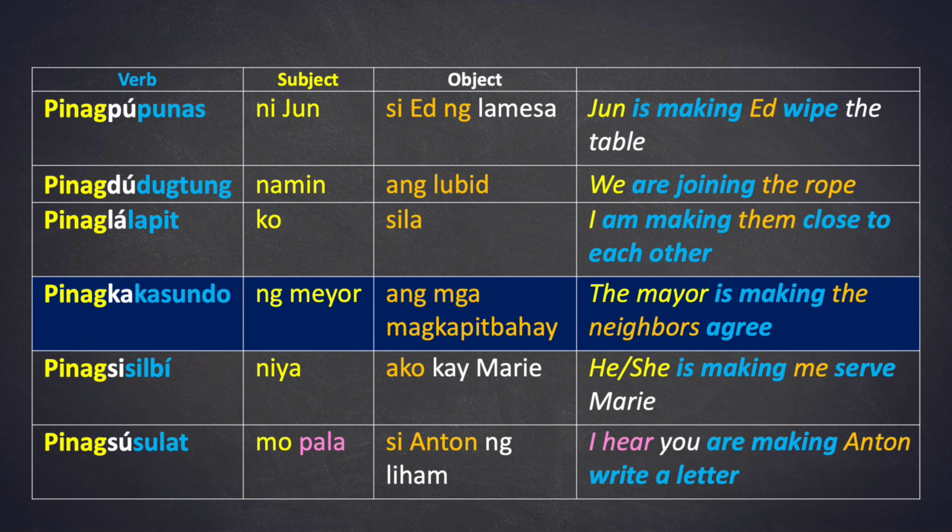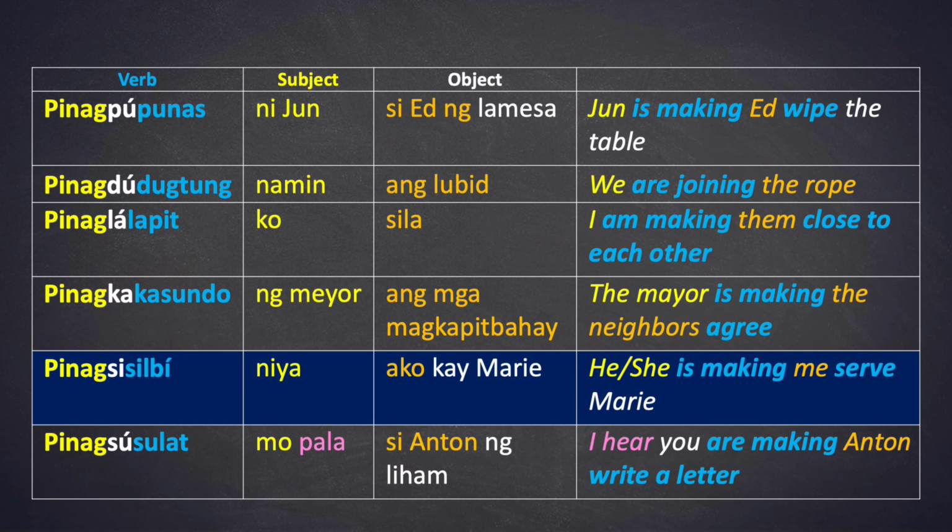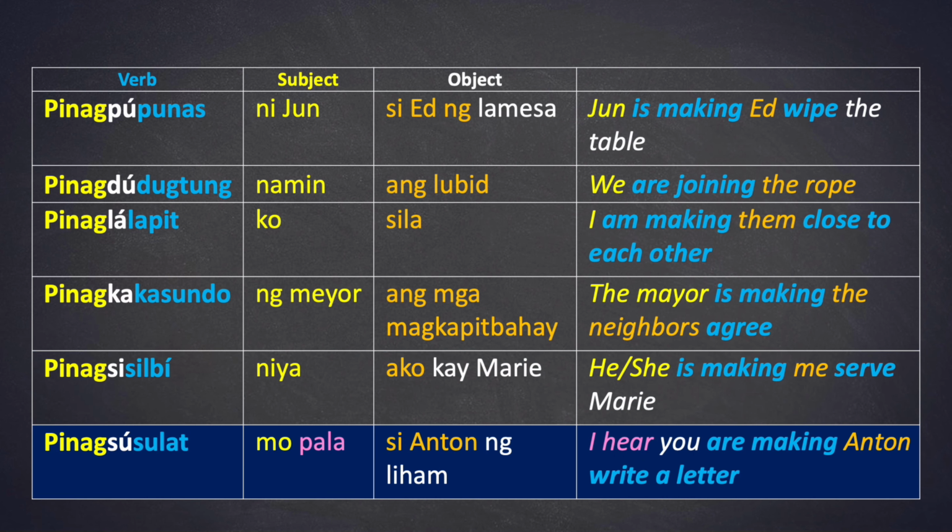Pinagkakasundo ng mayor ang mga magkapitbahay. The mayor is making the neighbors agree. Pinagsisilbi niya ako kay Marie. He or she is making me serve Marie. Pinagsusulat mo pala si Anton ng liham. I hear you're making Anton write a letter.